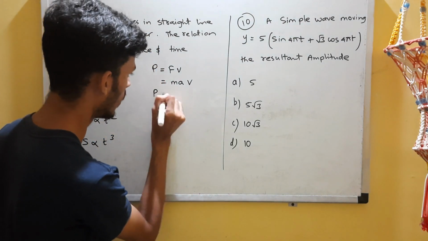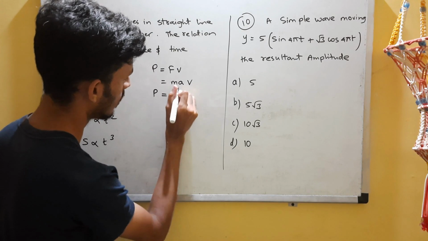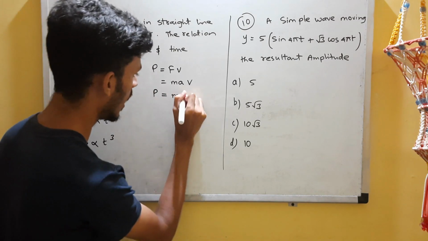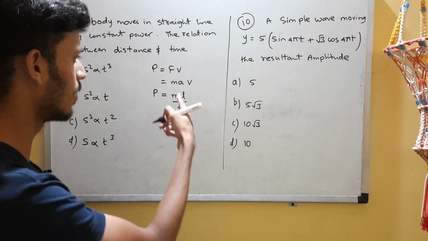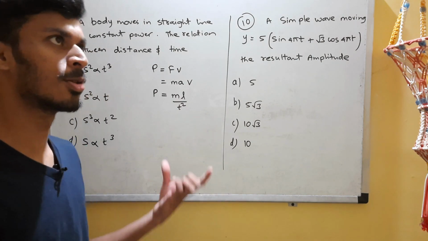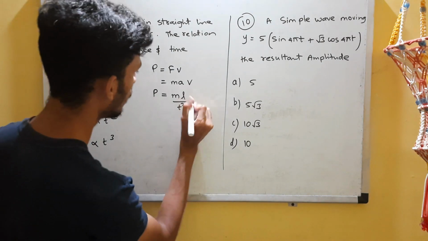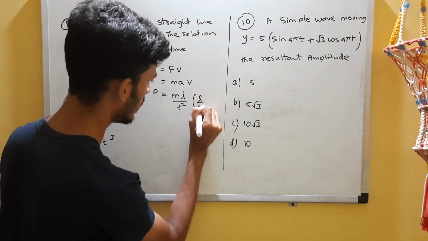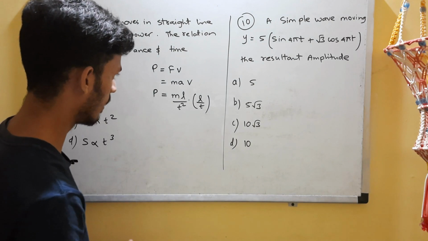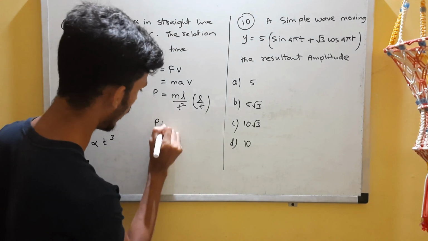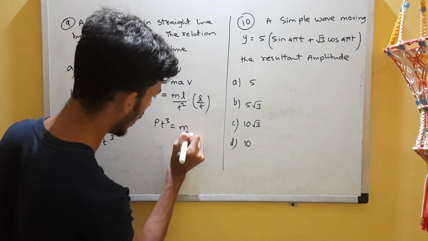So power equals mass times acceleration, which is L by t square, the change in velocity per second, times velocity, which is distance by time, so L by t. Now let's take t to the other side, so we'll have P t cube equals m L square.